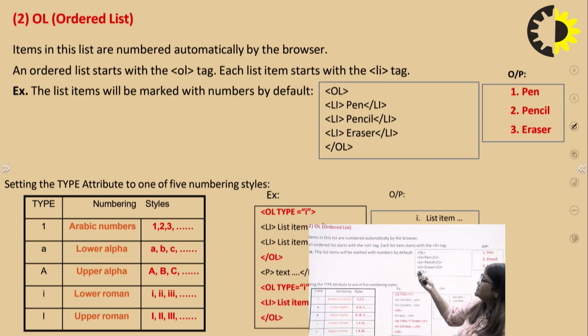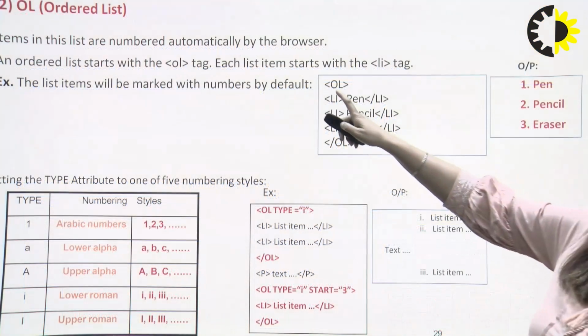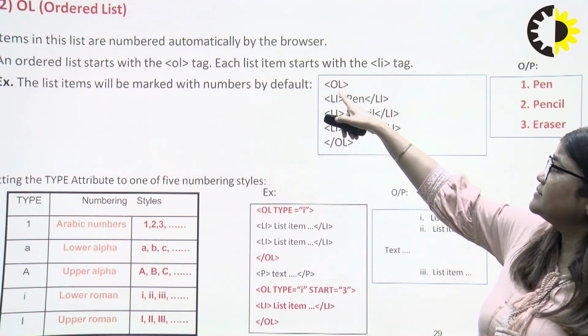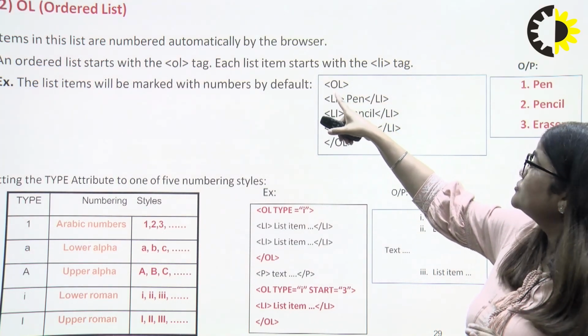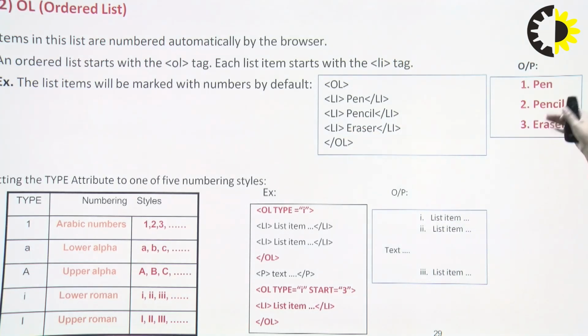And ordered list means we are ordering the list, and if I am using this ordered list tag, the output automatically comes like 1 2 3. We can change this 1 2 3.